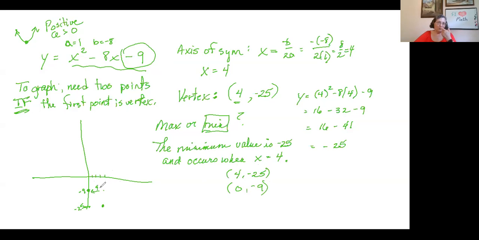My math lab will probably go ahead and graph the whole equation the second you hit this point. However, if by chance you needed a third point, you could just count 4 over this way. Here's 0, here's 4, so 4 more over would be at 8. So we've also got the point 8, -9. We've got the point 0, -9. And we've got the point 4, -25. And there's going to be our graph right there.